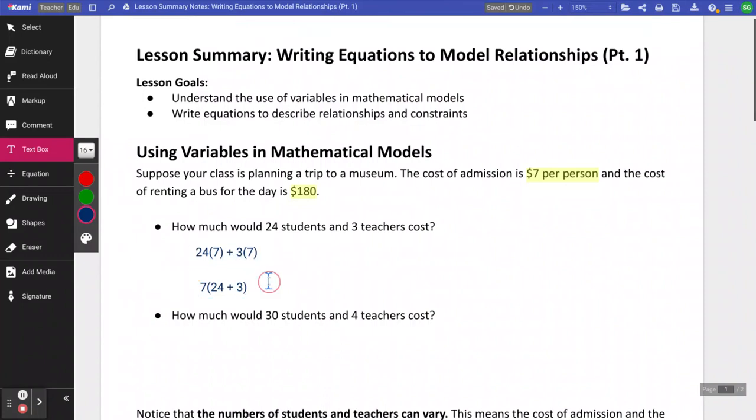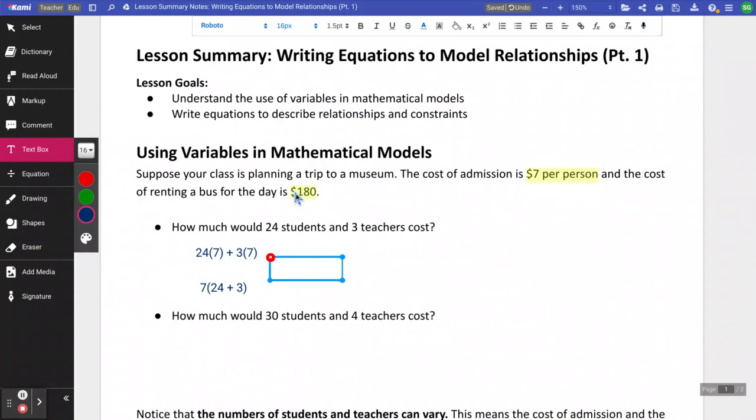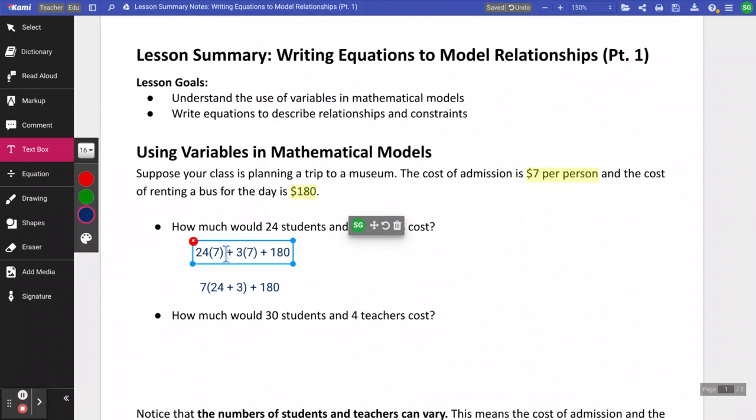Either way you think of it, there's still one other step there. We have to add in that $180. So for each of these, after I figure out the total cost of admission for the students and the teachers, I would need to add in my $180 for the bus. As I'm working through this, I'm really paying attention to the math I'm doing because that's going to help us in a little bit.